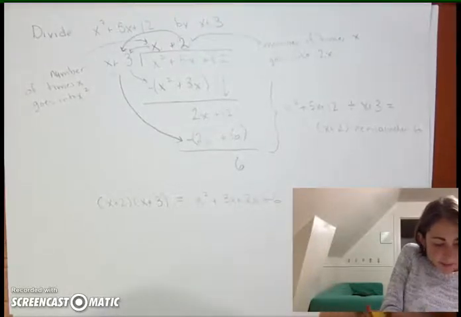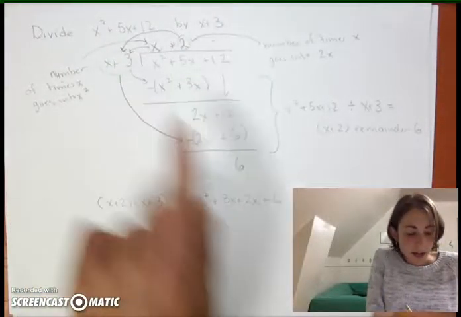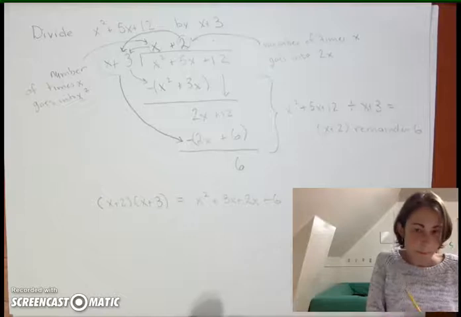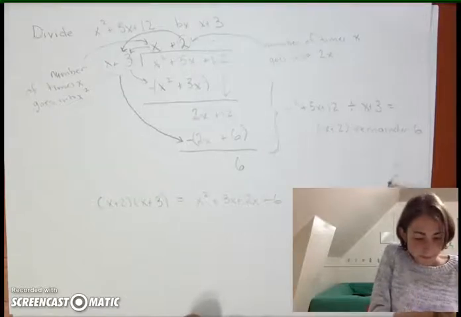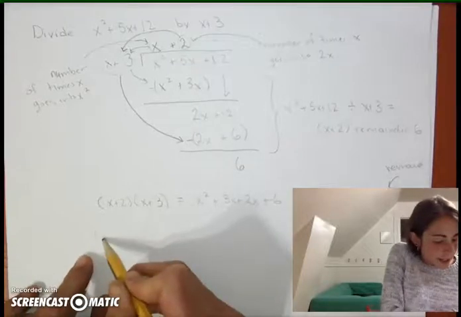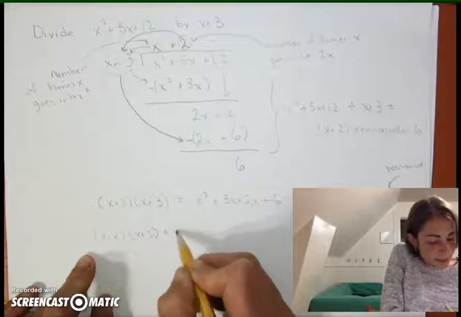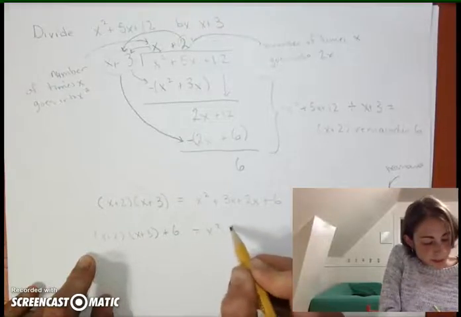That's x squared plus 5x plus 6. So in order to get the polynomial I want, I need to add the remainder. So this tells us that x plus 2 times x plus 3 plus 6 equals the thing we started with.